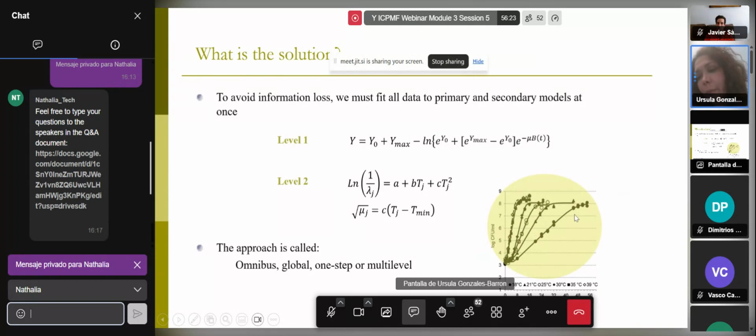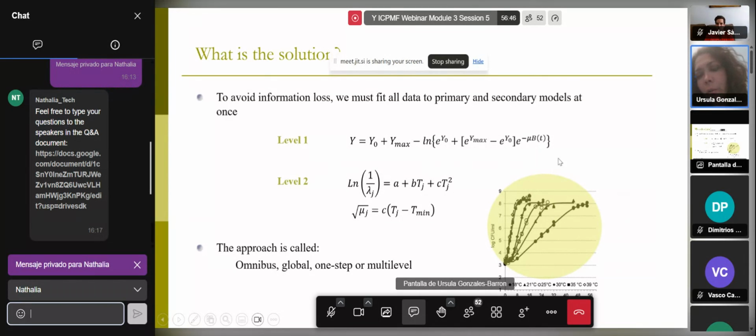If you look at the data points, do not fit line by line. Take the whole data set and fit all at once. And then you need to use what is called an omnibus model, but statistically it is a nonlinear mixed effects model.